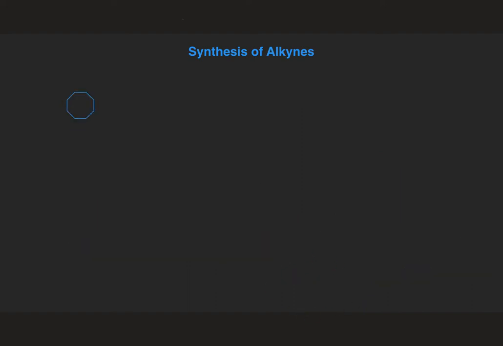Now that we've been over the synthesis of an alkyne in a couple of ways, I thought we would talk about how you might synthesize an alkyne from an alkane. And so what I've shown here is cyclooctane, and we really only know one reaction that cyclooctane can undergo, and that is a reaction with Br2 and light, which is going to form an alkyl bromide here.